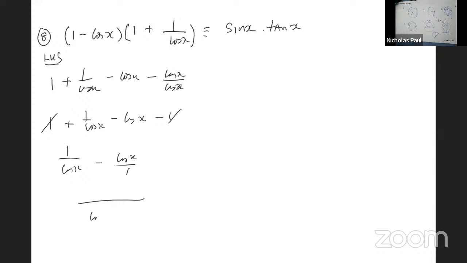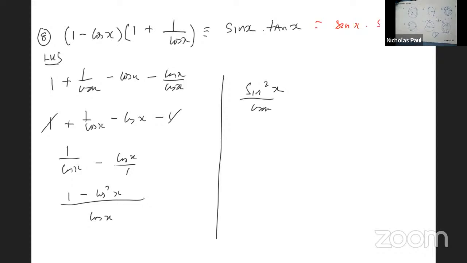Find the LCM and you'll get 1 minus cos squared x. 1 minus cos squared is sine squared on cos. In case you're not seeing it, this is sine x by sine over cos. So you're getting sine squared.